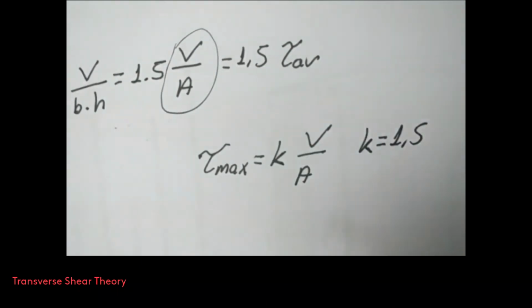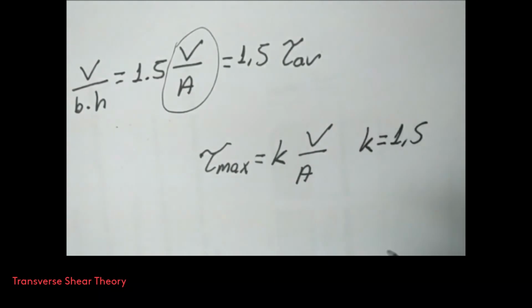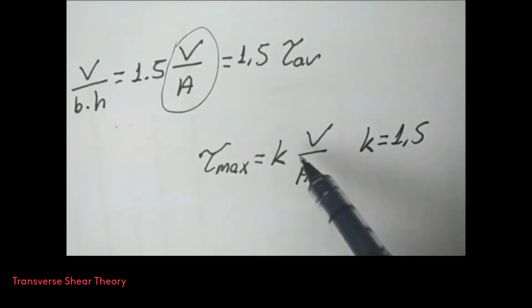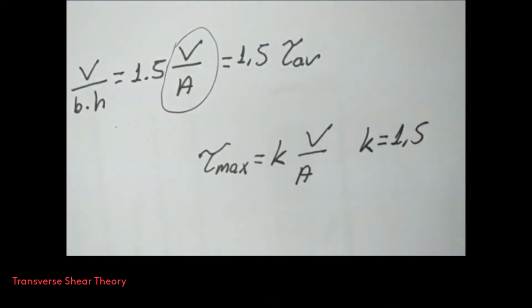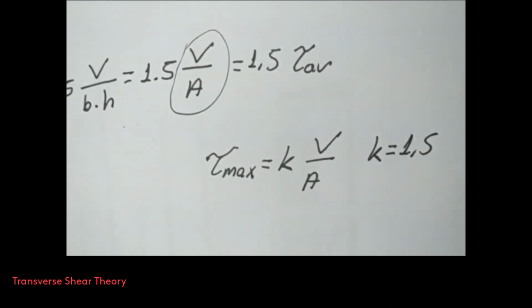So K is the shear factor. For different cross sections you can calculate different K values, and you can easily calculate the maximum shear stress without calculating the first moment of area and all other things.